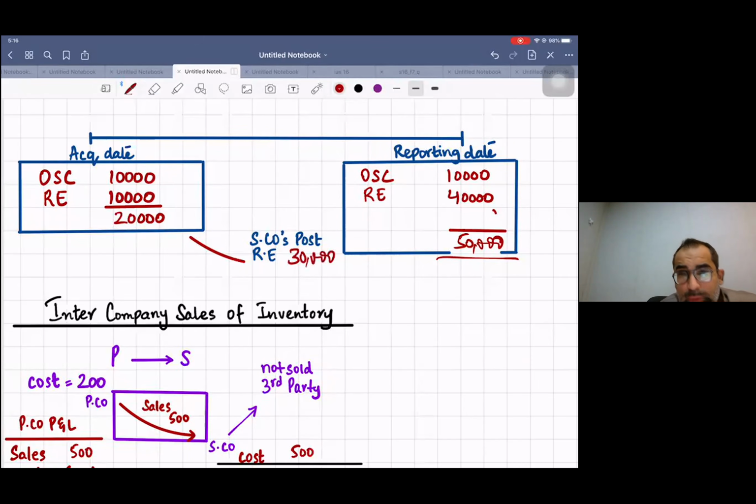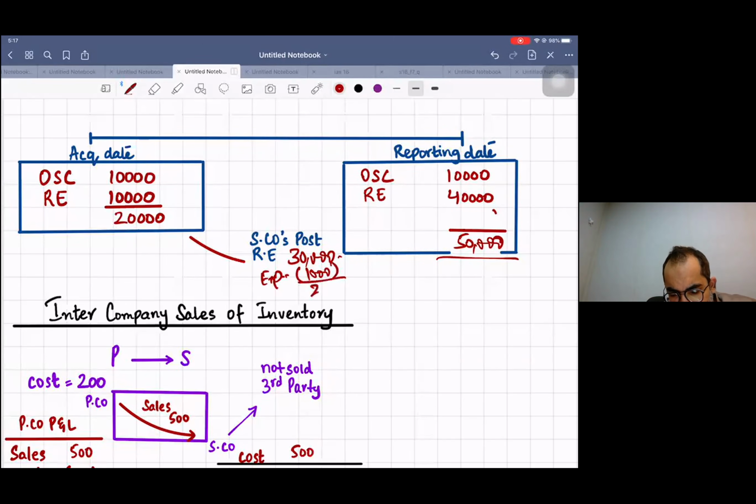Now let me teach you some basic maths. For example, there is a 1,000 expense which S company forgot to record. So we should deduct that expense from S company's post profits.